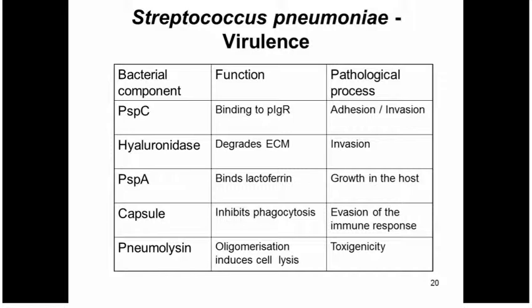So once they've got down to the basal pole, then they express the hyaluronidase, which can degrade the extracellular matrix and allow the bacteria to grow underneath the epithelial cell layer. PspA, okay, pneumococcal surface protein A, binds lactoferrin, so that's how they get iron.